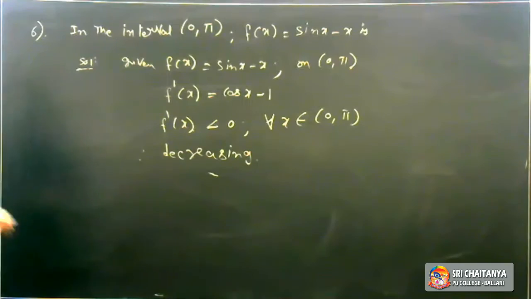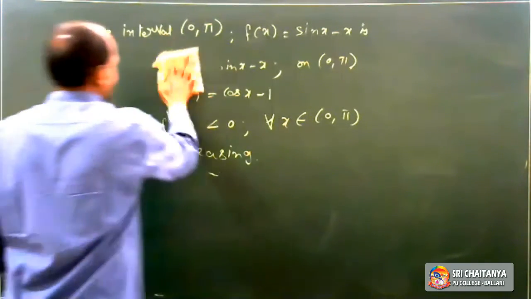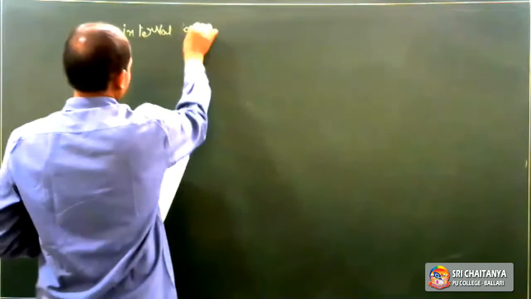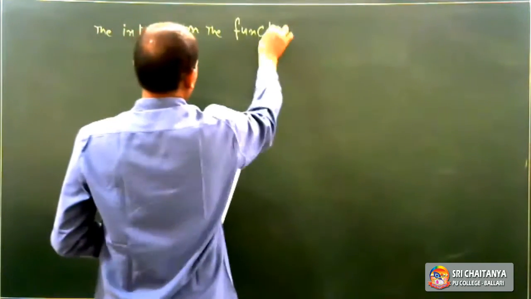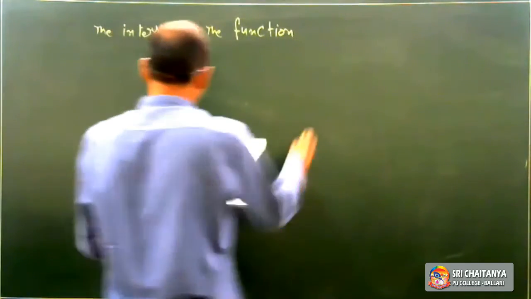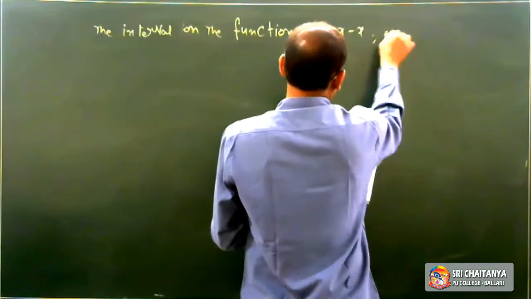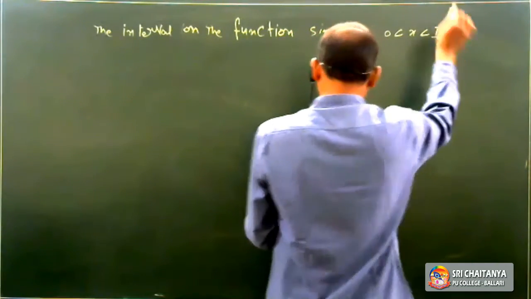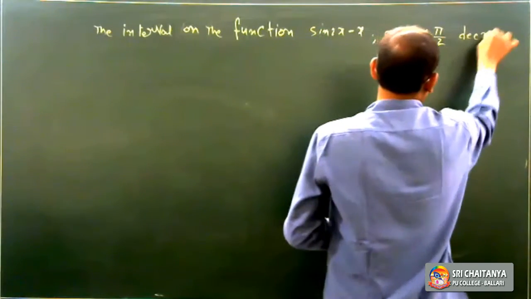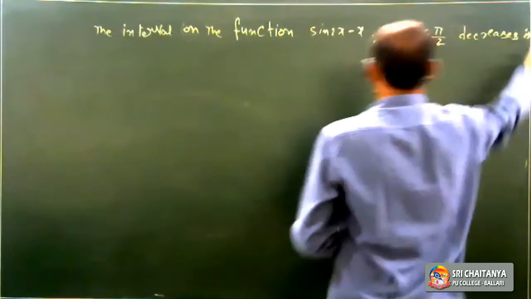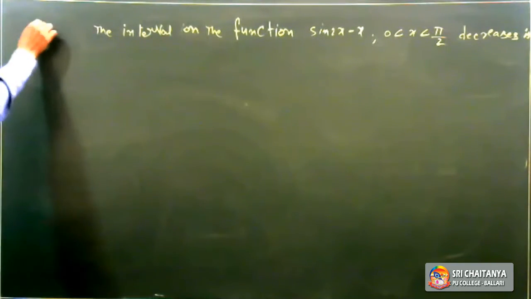Again, write the next question. Seventh one. The interval on the function sin 2x minus x, 0 less than x less than pi by 2, decreases is.